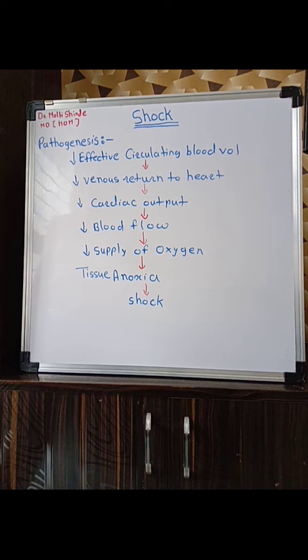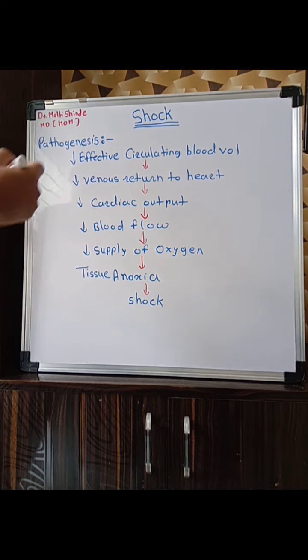In the definition of shock, we studied two factors, that it is a clinical state of cardiovascular collapse. It is characterized by two factors: a reduction in effective circulating blood volume, and second, a decrease in the perfusion of the cells and tissue.